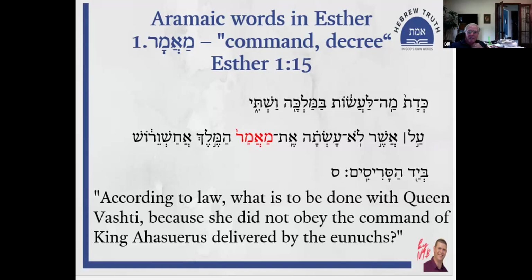According to law, what is to be done with Queen Vashti, because she did not obey the command of King Ahasuerus delivered by the eunuchs.